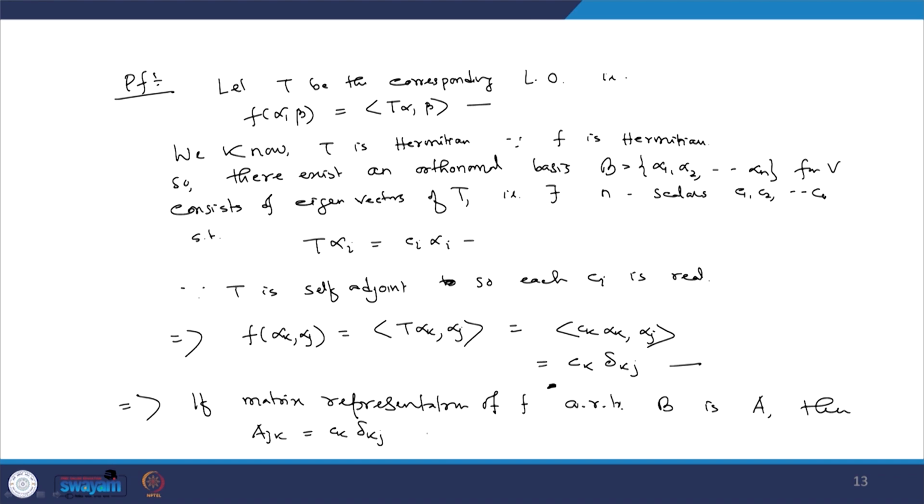So, this implies A is a diagonal matrix with real entries on the main diagonal.